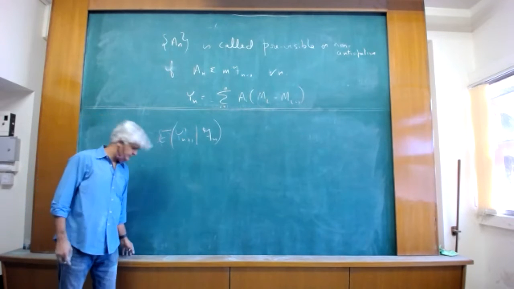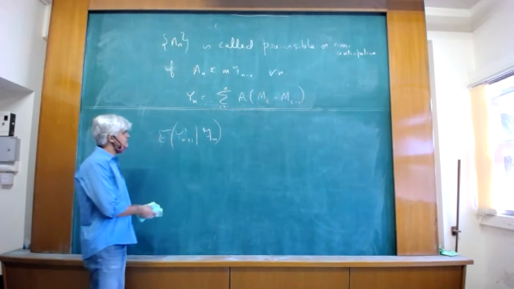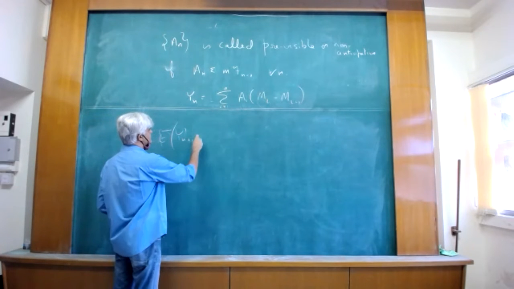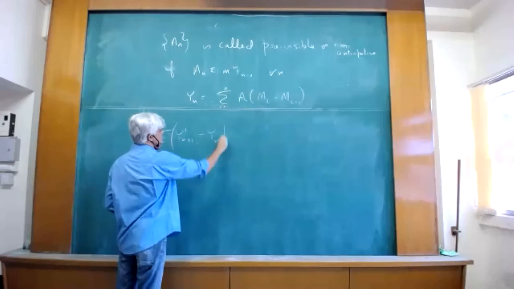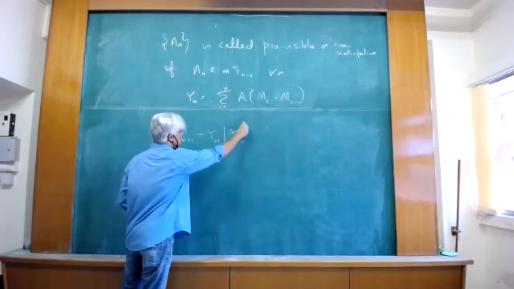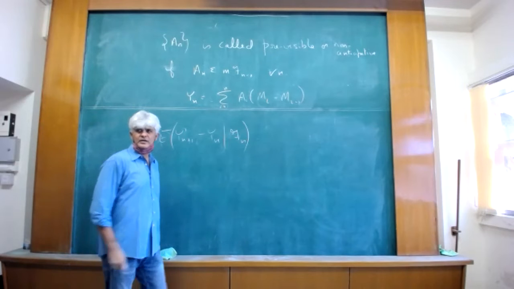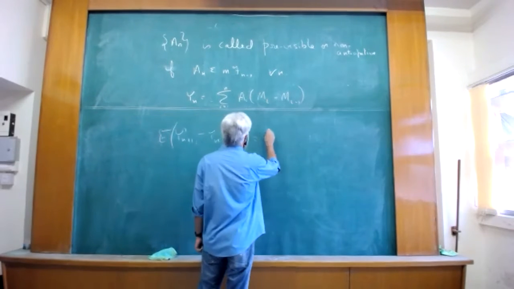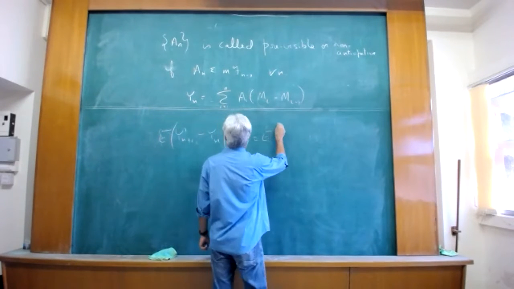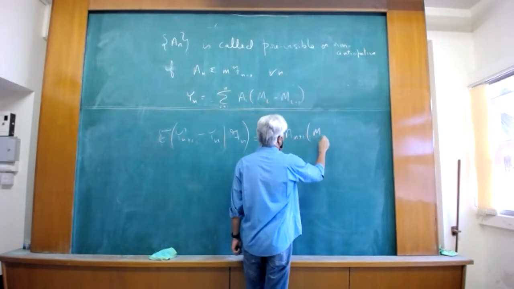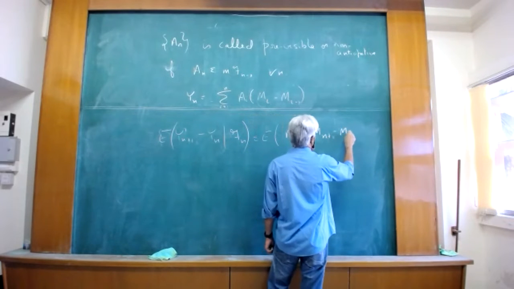The expectation of A_i times (M_{i+1} minus M_i) is 0. It's better to look at this quantity here, the difference, and you want to show that difference is 0. And that's your point, that is equal to A_{n+1} times (M_{n+1} minus M_n).